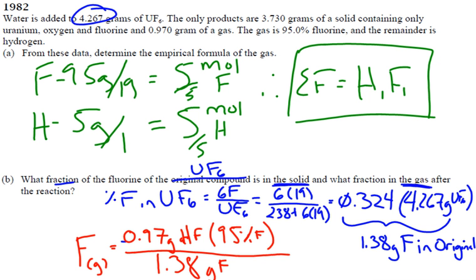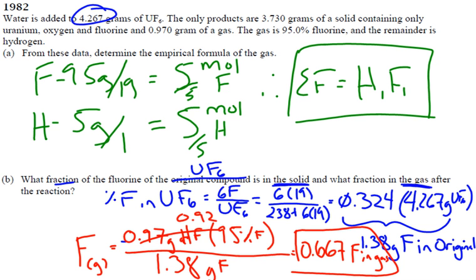So these two multiplied together gives us 0.92. 0.92 divided by 1.38 is 0.667. If we change that into a percentage, we'd be better off. But it didn't ask for a percentage, so we'll just leave it at 0.667 fluorine in gas.